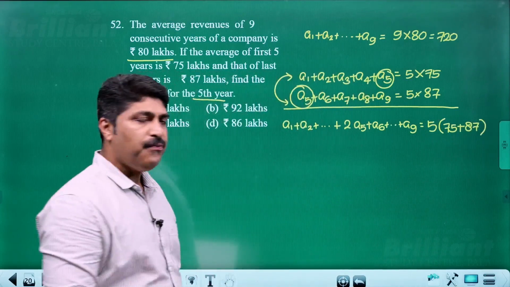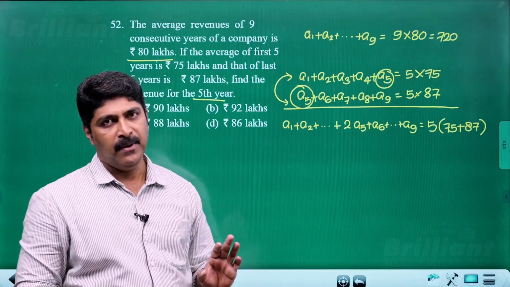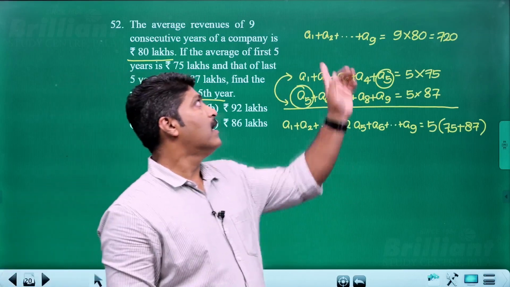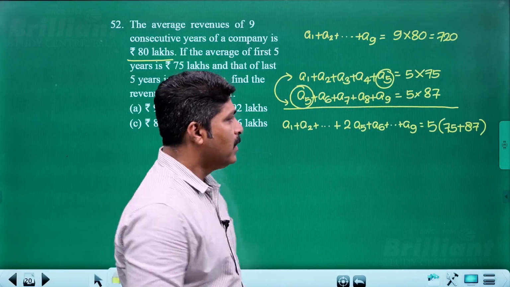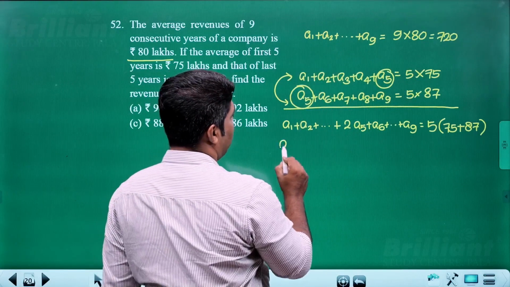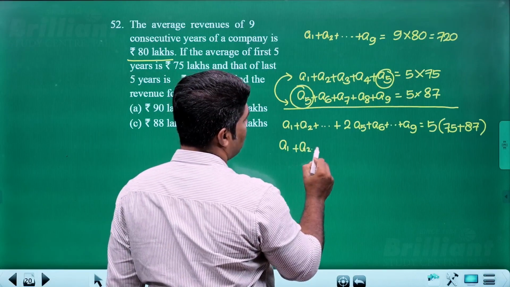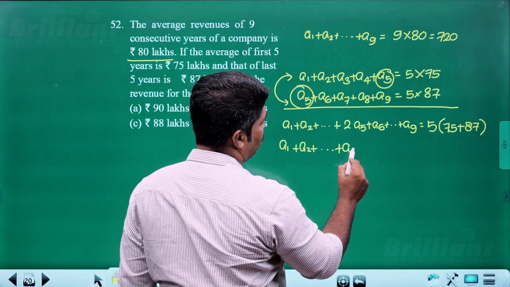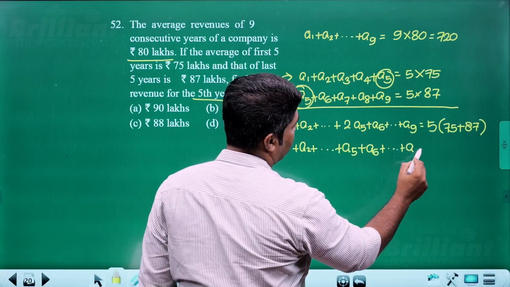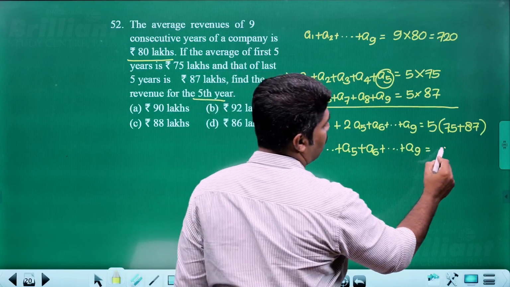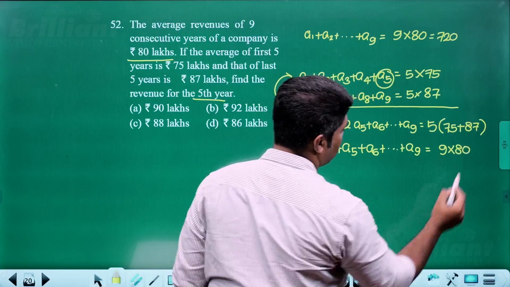If we need to find A5, just subtract the first equation from this final equation. What is that equation? That is A1 plus A2 plus etc., with A5 only one time here, then A6 plus etc. up to A9. We already found that, 9 into 80, which is equal to 720.